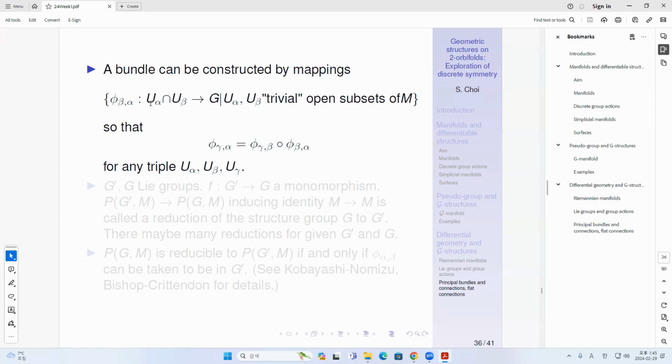So phi beta alpha is a map defined from this intersection to G, where U alpha, U beta are trivial open subsets of M. You cover M by trivial open sets, and for each intersection you define this map phi beta alpha, and it has to satisfy this property for any triple. If you have any three of them meeting, then these maps have to satisfy this. These are called the transition maps.